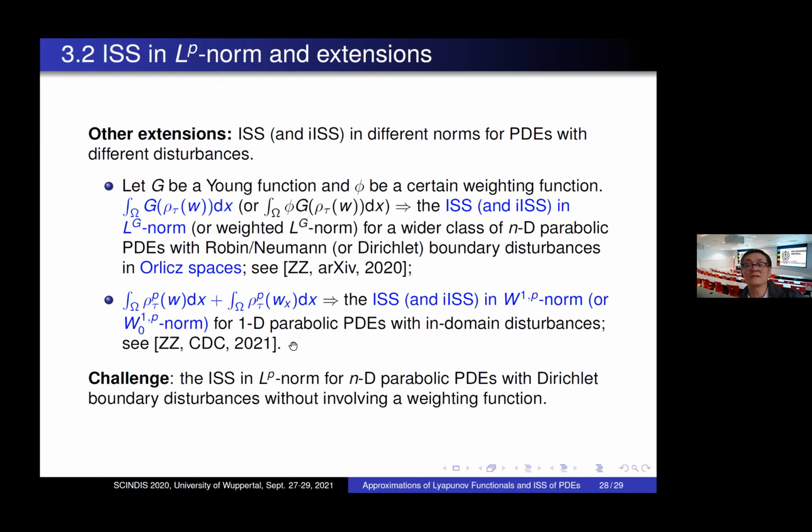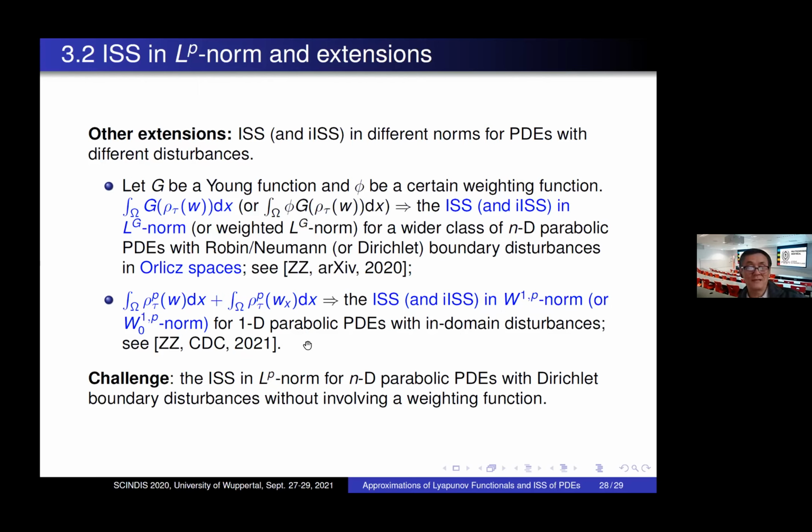Also, in a recent paper published in the next CDC, we can also establish ISS in Sobolev space. We start by considering the problem with in-domain disturbance, and we can also extend the results to problems with boundary disturbances.